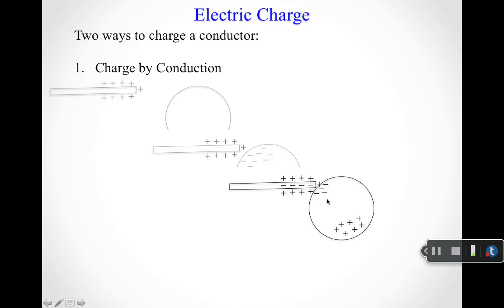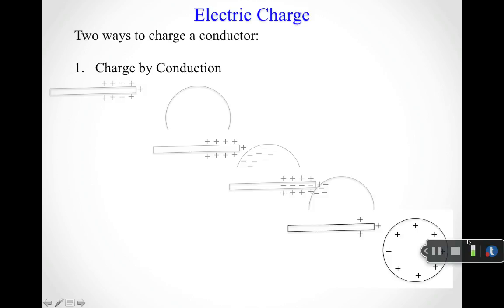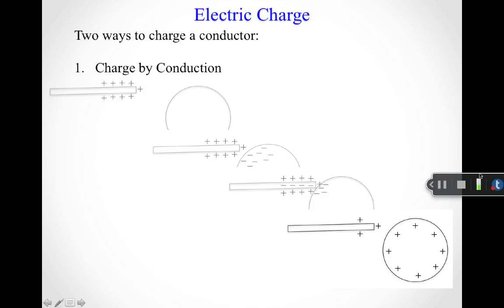When I touch my charged rod to my neutral conductor, some of those excess charges are going to move off the rod onto the conductor, and when I separate them, it's going to leave me with less of a charge on my original rod, but now a positively charged sphere. Basically I took some of the electrons away, they've redistributed themselves over both of these devices, so this one is less positively charged, but what was my neutral conductor is now also positively charged. So this is charging by conduction.